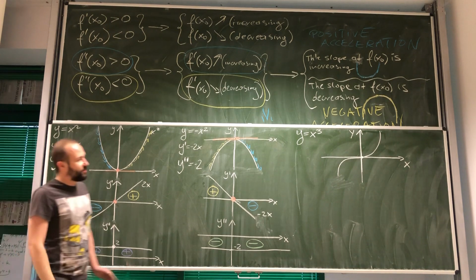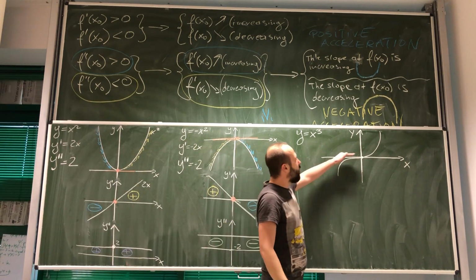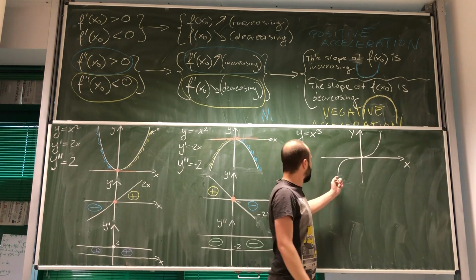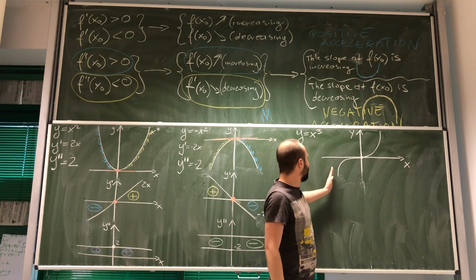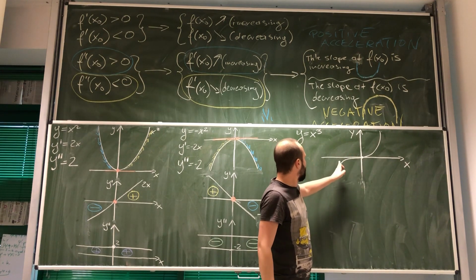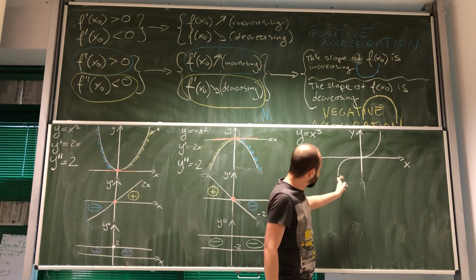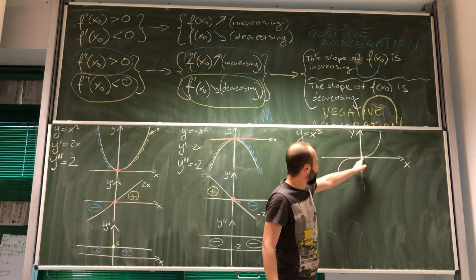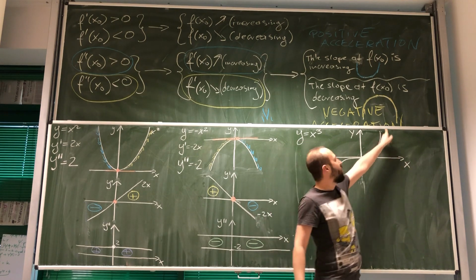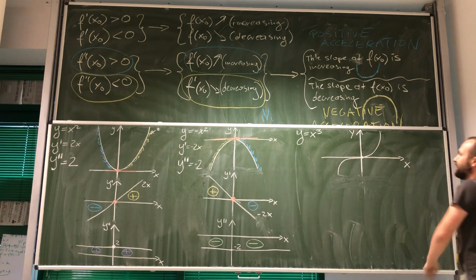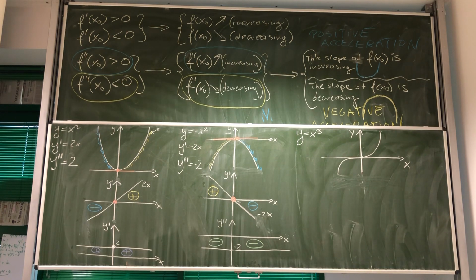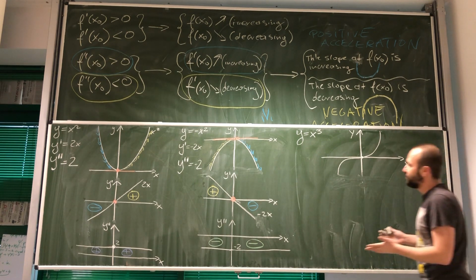We see that this function is always increasing. It is concave to the left of 0, and it is convex to the right of 0. Okay, let's see if this is what we're going to get if we calculate derivatives.